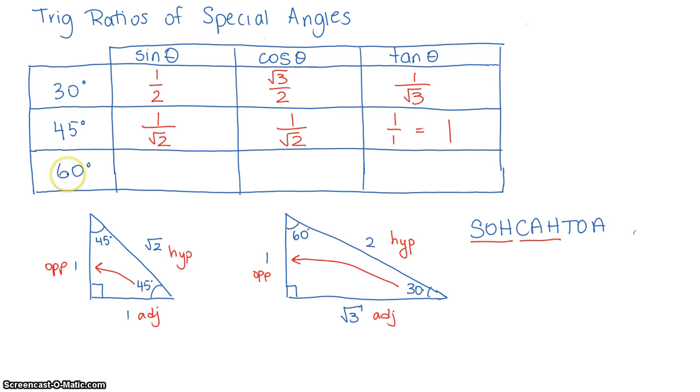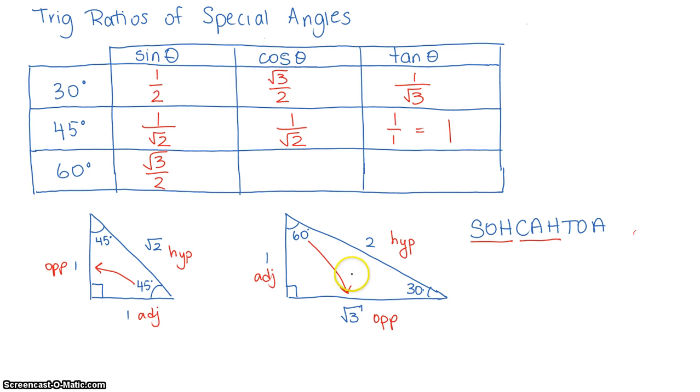Now for the 60-degree angle, we're going to have to relabel our triangle because we're looking at the 60-degree angle. So this side now becomes our opposite. This side now becomes our adjacent. Hypotenuse is always hypotenuse. So for sine of 60, opposite over hypotenuse, root 3 over 2.